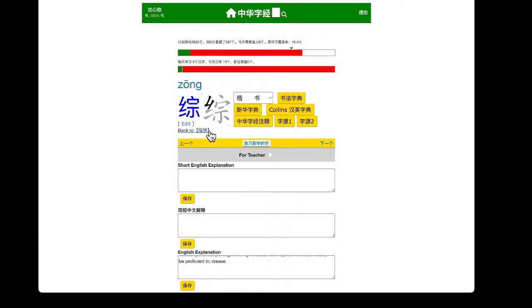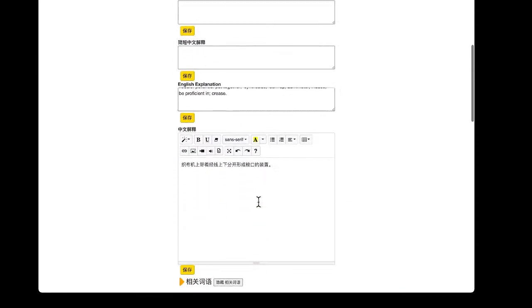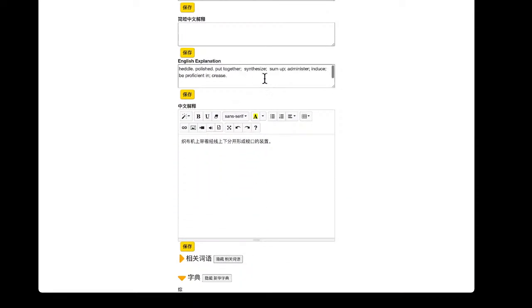Okay, so it's in order, and so that's what they use that character to mean that these heddles have to be lined up in order, right? In order to make it work. Okay, and also put together, sum up. Okay, and the extended meaning means sum up.